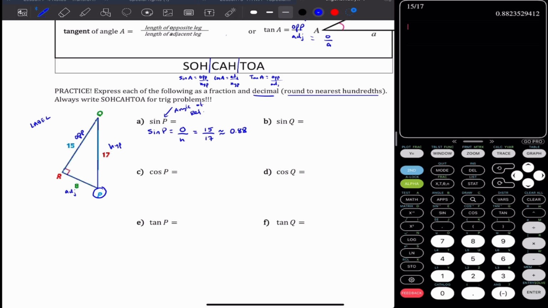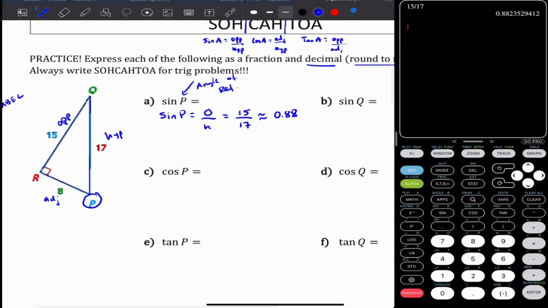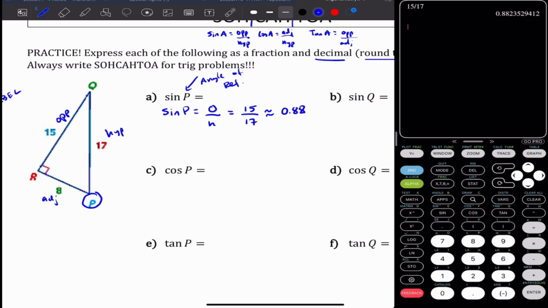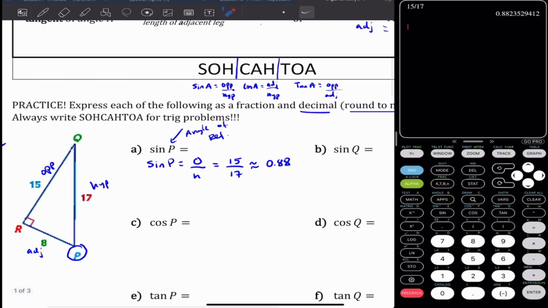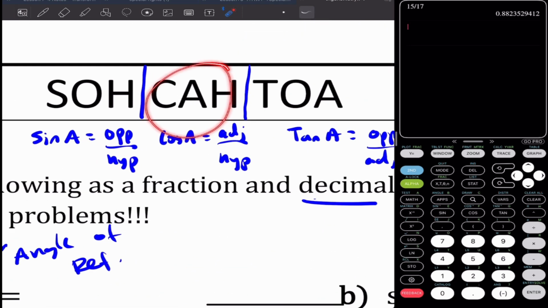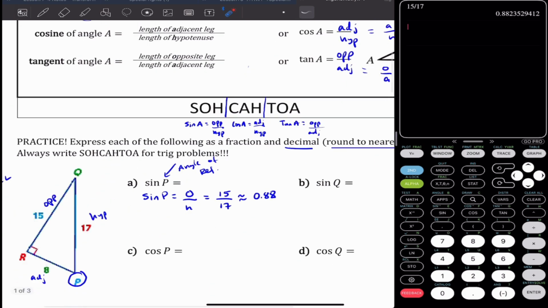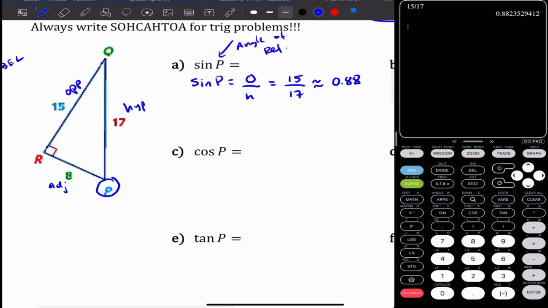Okay, I think this is actually good. This is a good screen. So cosine of P. Now, cosine, if we look at this, that's co, right? So cosine is equal to adjacent over hypotenuse. So I will write cosine of P is equal to the adjacent over hypotenuse. And the adjacent side is 8, and the hypotenuse is 17.